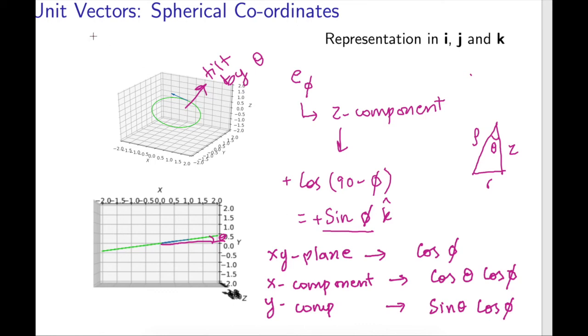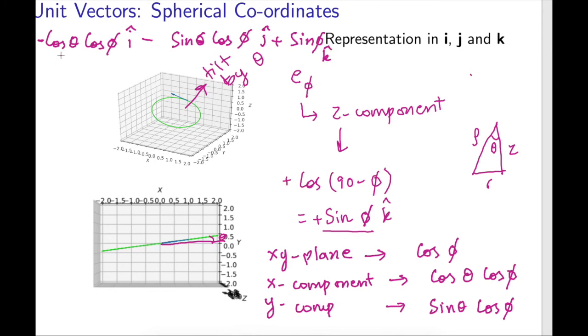Okay, so my representation is cos theta cos phi i, plus, or if we are talking about this plus, then this is minus here. So then minus sine theta cosine of phi j, and plus sine of phi k.